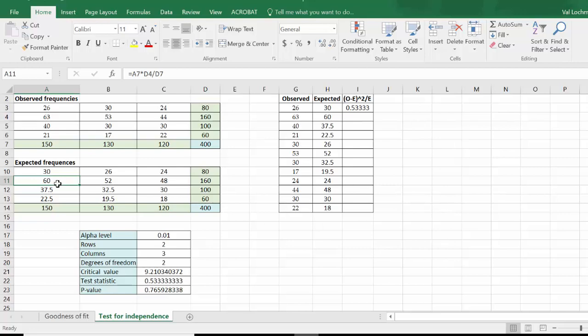Well, that's hard to say just by looking at one cell. Let's take a look at this one right here. We have 17 people for observed frequency and 19.5 for expected. Again, is there a difference? Yes. Now we have fewer people in the sample than we would expect.